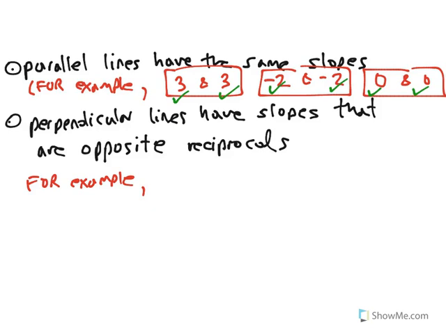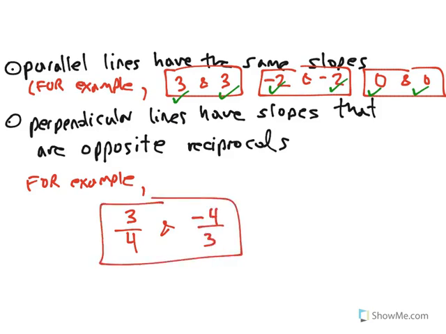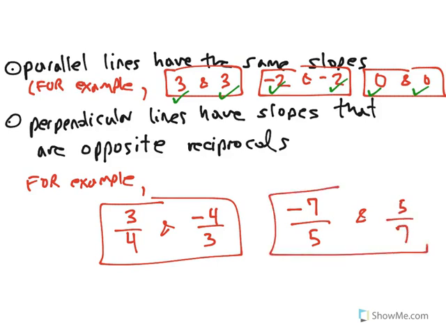Perpendicular lines have slopes that are opposite reciprocals. For example, if the slope of one line is 3/4, then the slope of the other line would be -4/3. If the slope of one line is -7/5, then the slope of the other line would be +5/7.